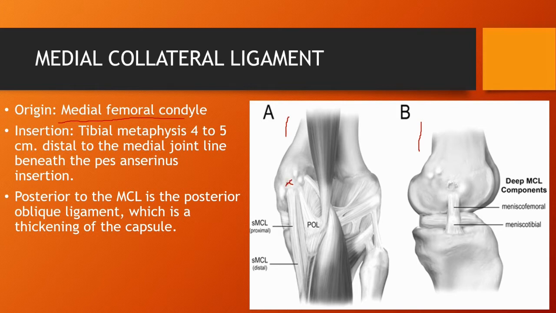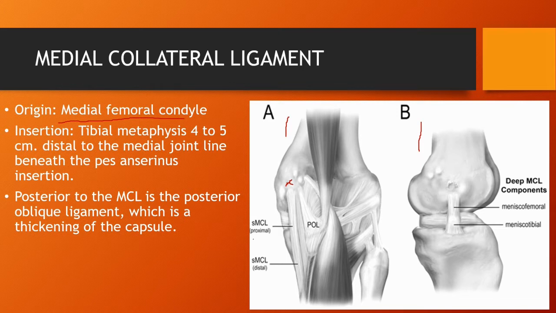And you'll notice that the medial collateral ligament is slightly posteriorly placed relative to the center of axis of rotation of the knee. The insertion of the medial femoral condyle is on the tibial metaphysis, approximately 4 to 5 centimeters distal to the medial joint line beneath the pes anserinus insertion.